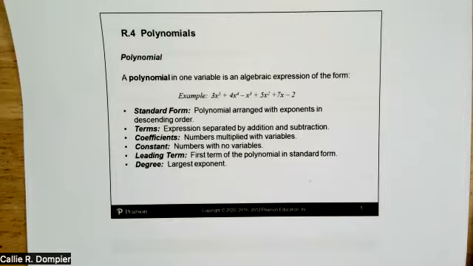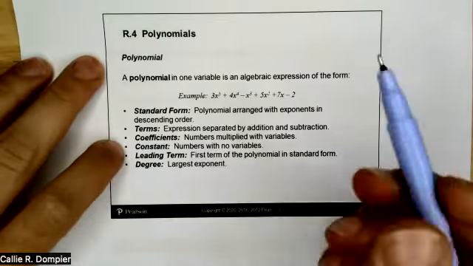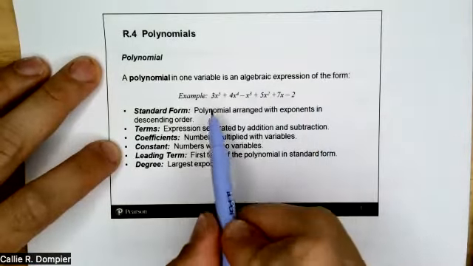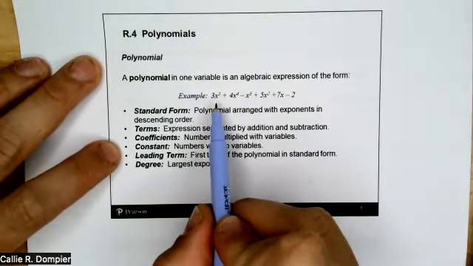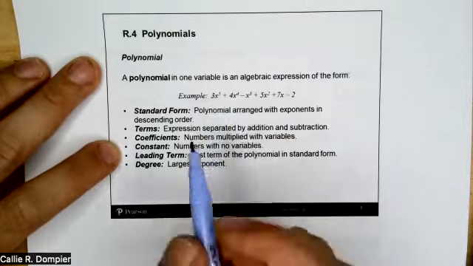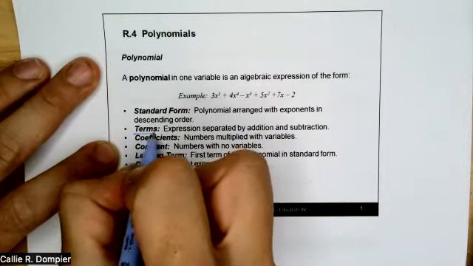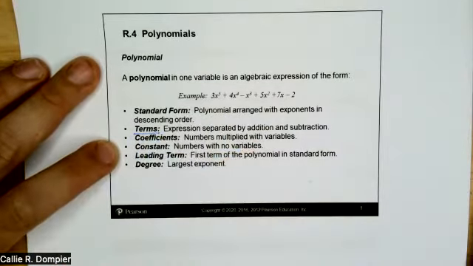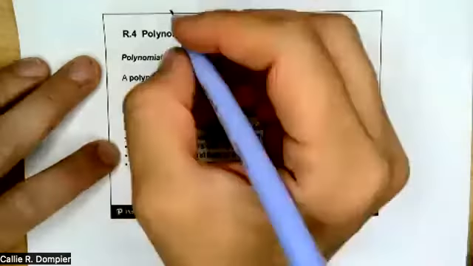So a polynomial in one variable is an algebraic expression of this form. What it has is terms. We take those terms, we add them, and we subtract them. Addition and subtraction of terms.